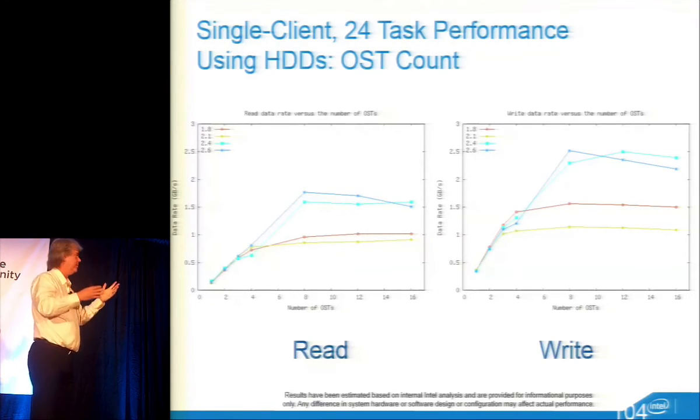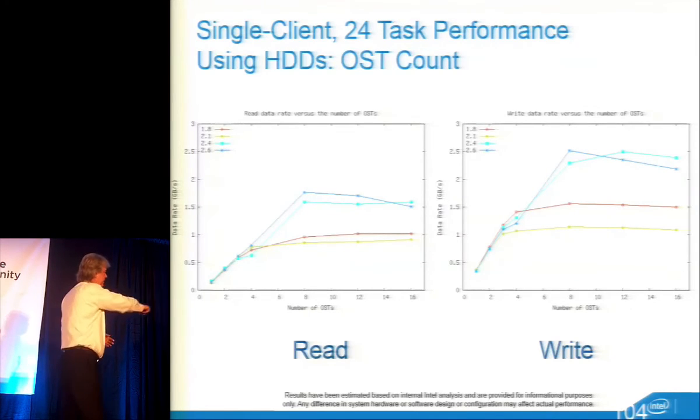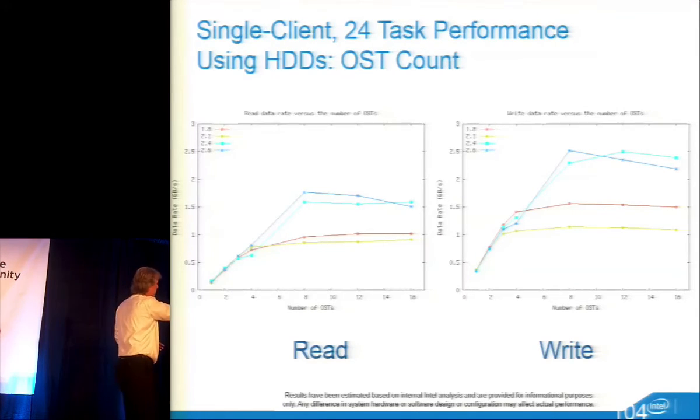In this case, we're testing against the spinning disks, and it's, I believe, still file per process, stripe count 1, but now we're constraining all the tasks to only be on some of the OSTs. So the x-axis in this case is the number of OSTs, and you can see the data point for 1 OST. This recapitulates basically what was the data point from before.